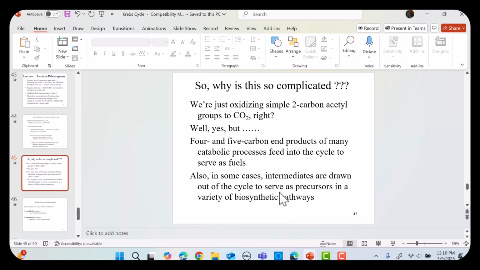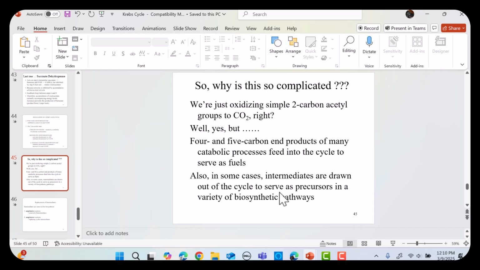So for some of these intermediates that you look at and think, oh, well, what do I need that for? You need it for another process that we haven't talked about yet. So keep that in mind when you're looking at it and thinking, I don't need to do all those steps, we could have done this. You can't, or you didn't, either because of energy, or you need that molecule for a particular reason, or it comes from somewhere else for a particular reason.